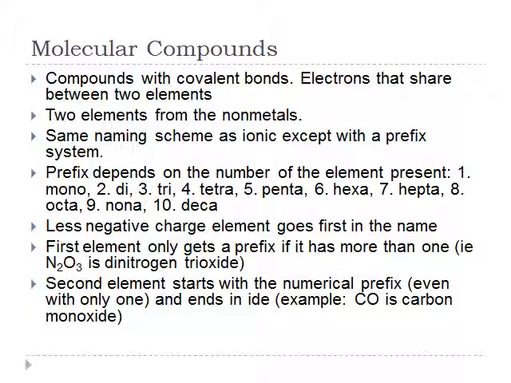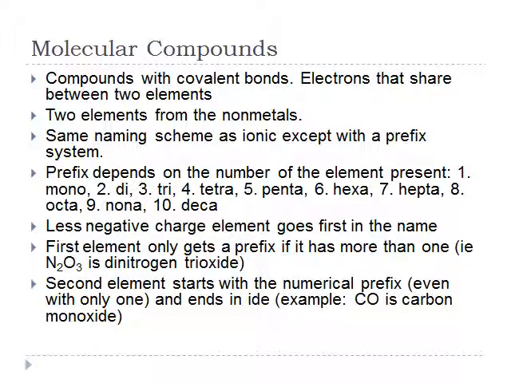Now, this is different than the second element, which always starts with a numerical prefix. And in the end, it ends with "ide", as you can see from N2O3 before, which ends with trioxide. So an example is CO, which is the first one.